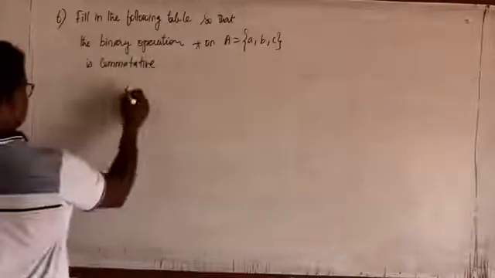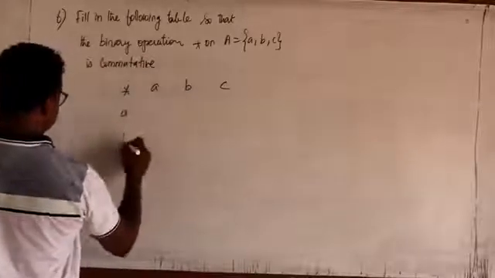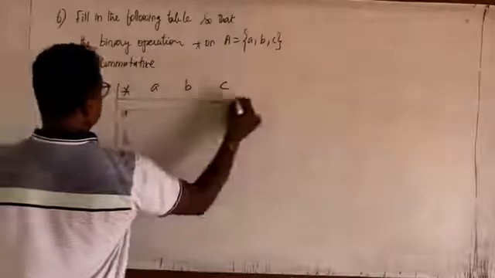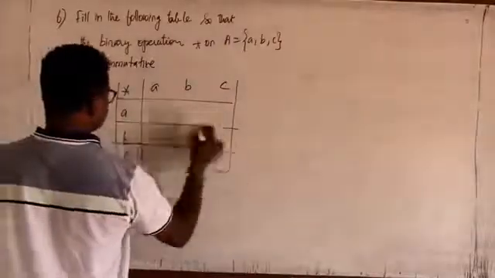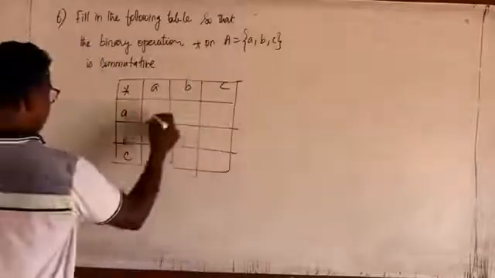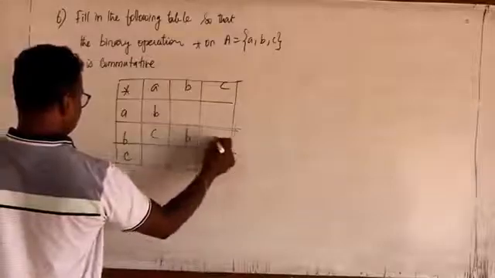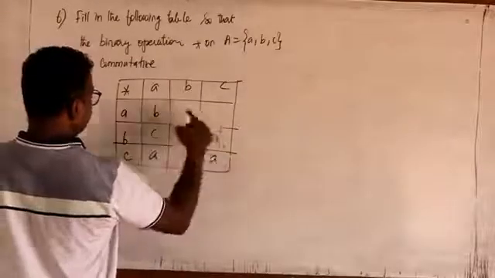I have to fill this table. What is the table? They gave A, B, C by A, B, C, and they filled only a few answers. The remaining answers I have to fill up. That's what they are asking. They gave B, C, B, A, A. I have to fill up these three things.